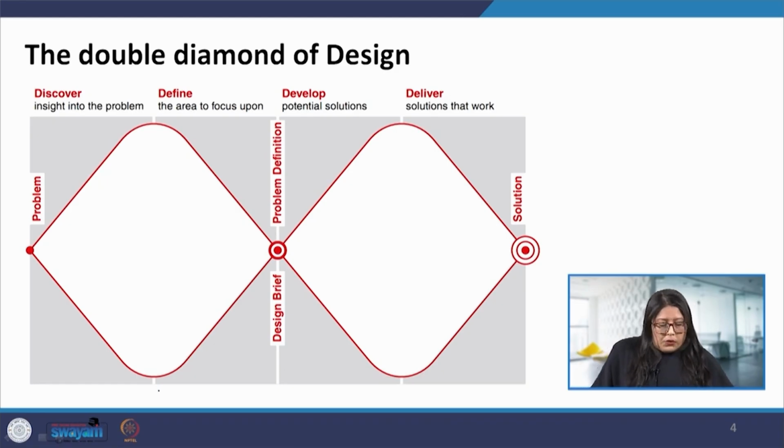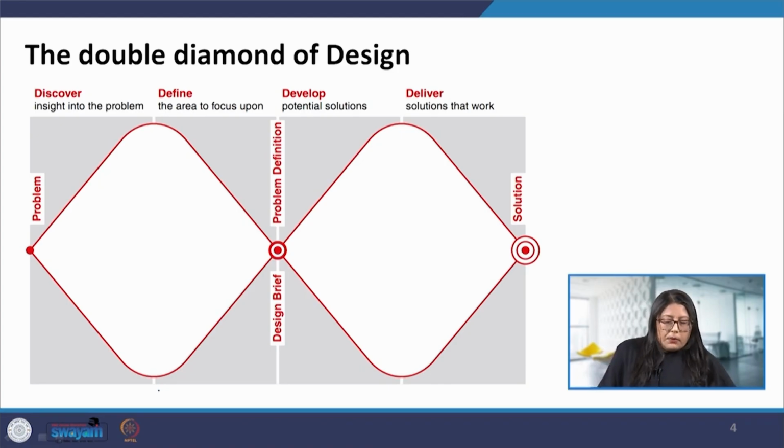Now, when we come to the next stage, and again here we will be diverging, this is the develop stage. So, now we have a problem statement, and now we have to develop some solutions, some prototypes. So, there are several ways in which we can go ahead in this as well.